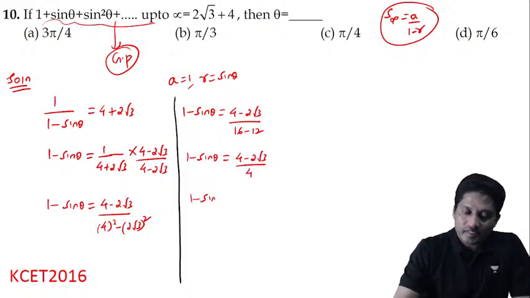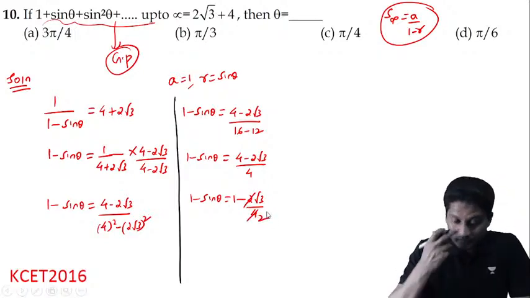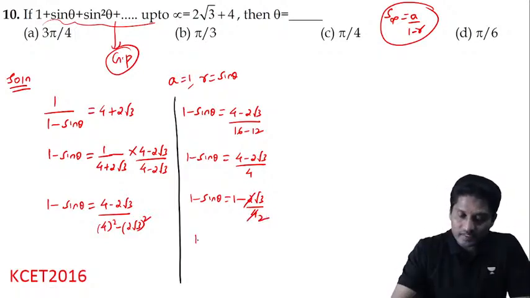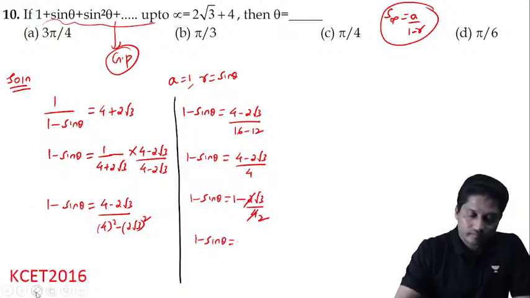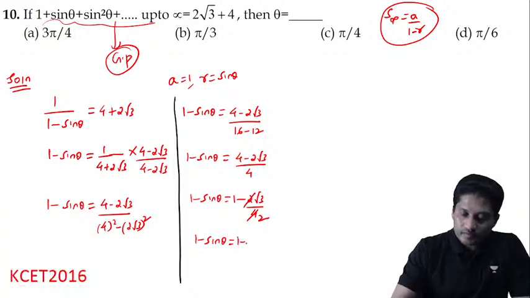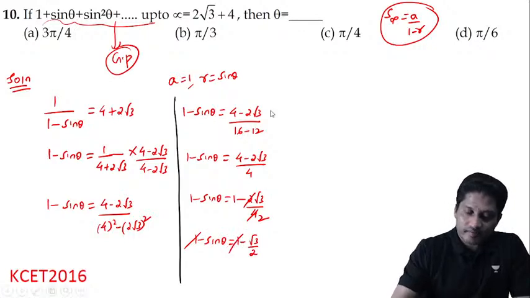So 1 minus sine theta is equal to 1 minus 2 root 3 by 4. It will cancel 2 times. Okay, now I get 1 minus sine theta equal to 1 minus root 3 by 2. The 1 minus and minus cancel.